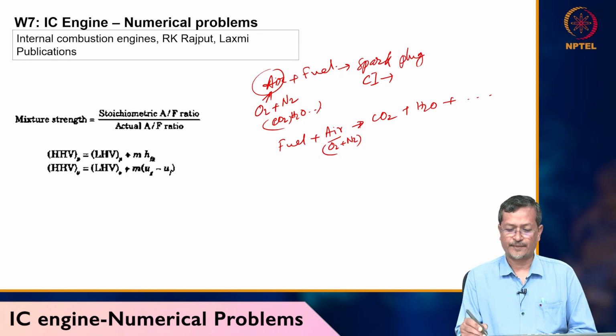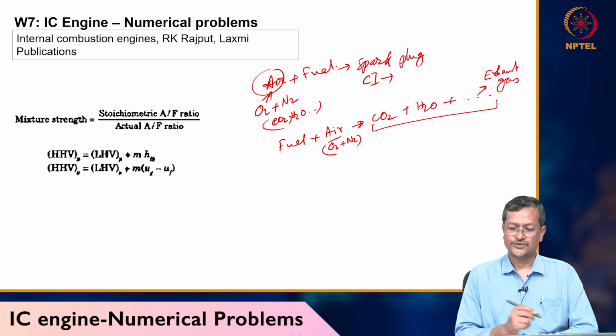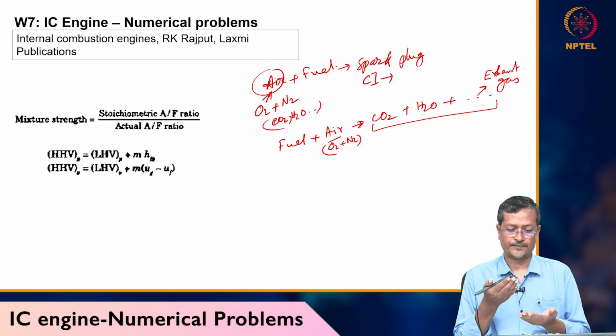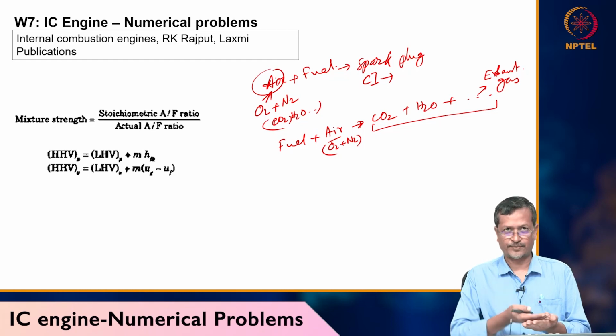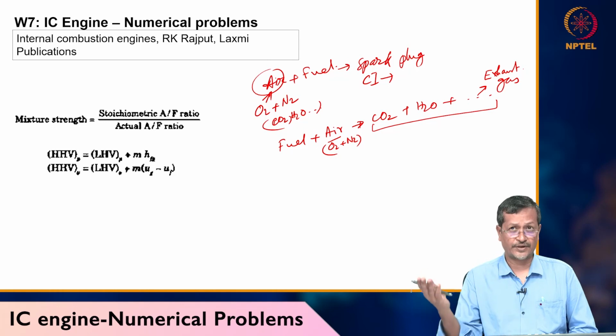Now, what happens to the excess? When the exhaust gas goes out, the burnt gas will have lots of excess oxygen plus nitrogen. It takes a lot of heat, gets heated up, and goes out.